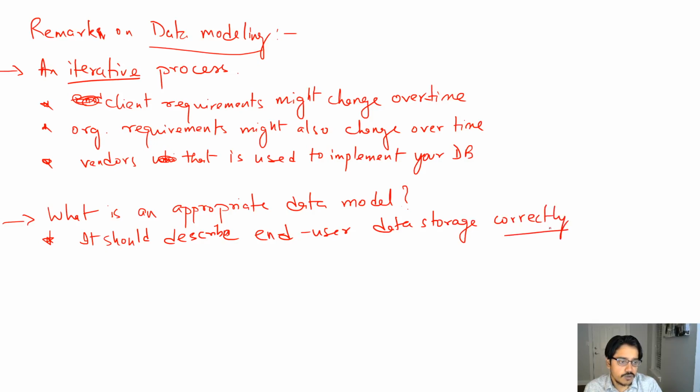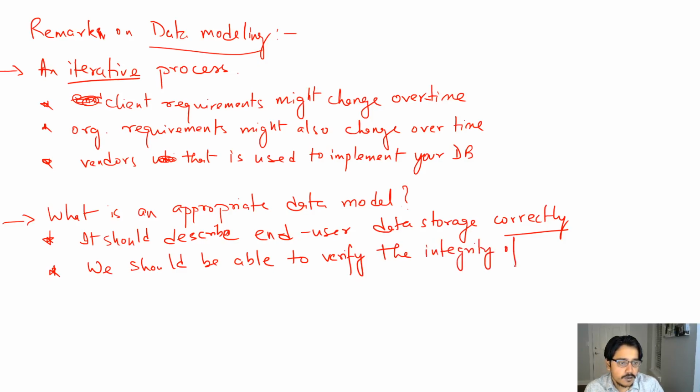So whatever the data storage requirement is, that should be clearly described by the data model. Thereafter, we should be able to verify the integrity of the stored data using the data model itself, right?